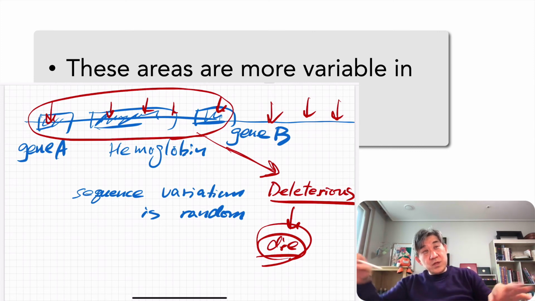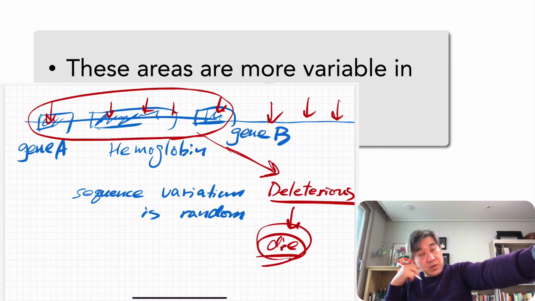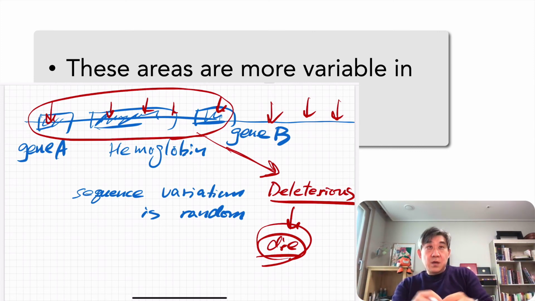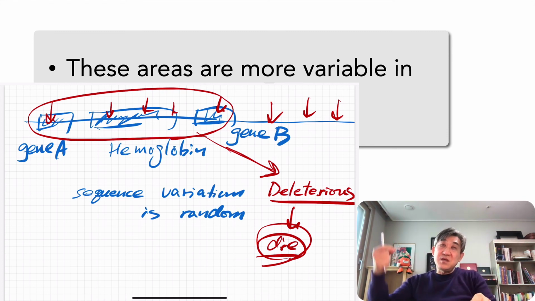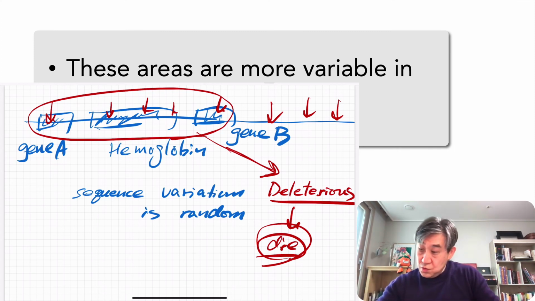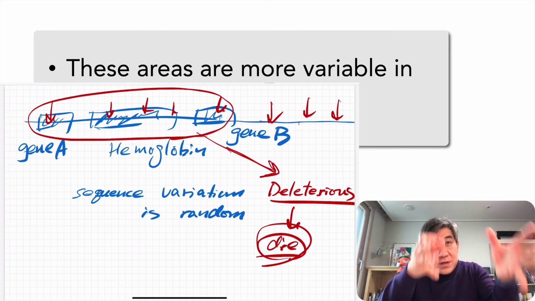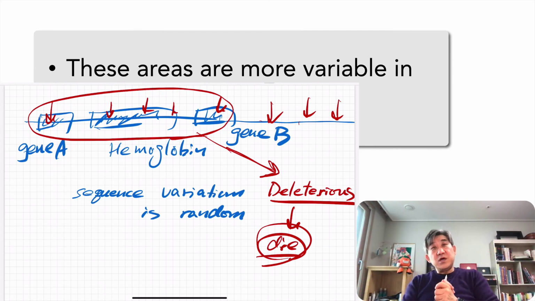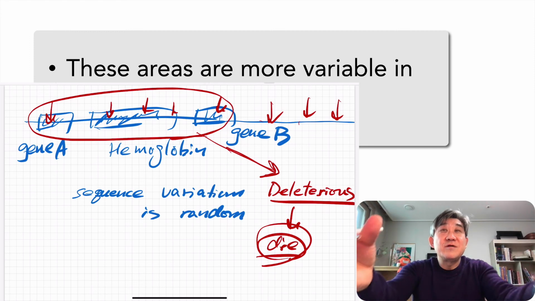So along the long history of evolution, those individuals carrying mutations in their gene area will be selected out, and those who have the mutation in the non-gene area will not have any such bad influences, so they will be able to survive.